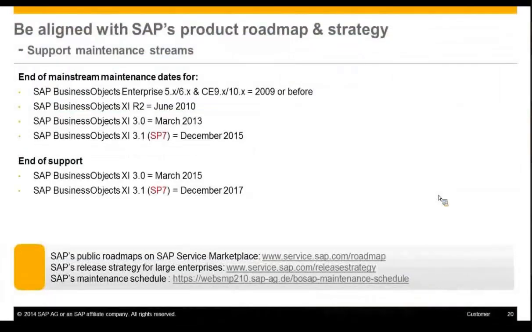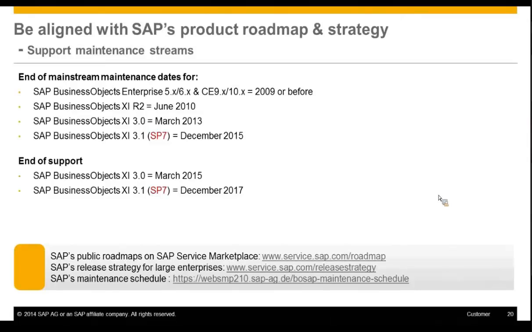The first thing is you should know your SAP roadmap strategy, right? If you are on 3.1, for example, you should particularly know the end of life and end of support for 3.1.